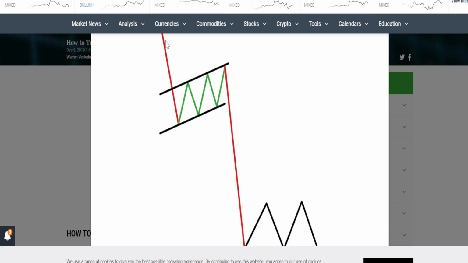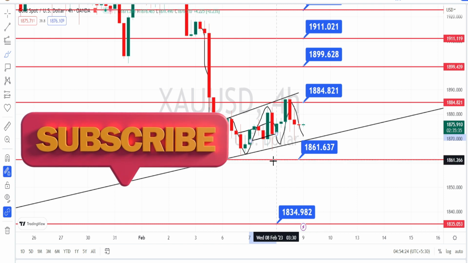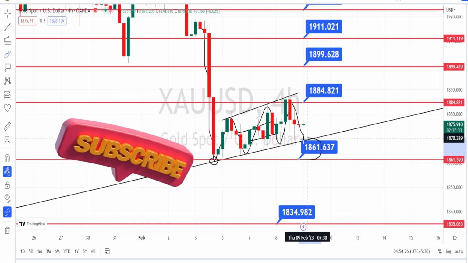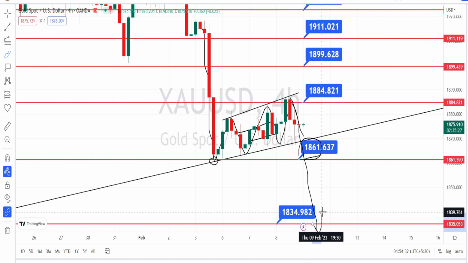Bearish flag patterns are usually formed when the trend is on the bearish side, where we can notice a price action to make a consolidation, then to continue with bearish trend. And with the current price action, we are noticing the price action to make a consolidation, which confirms that once the price action breaks this support level of 1861, we can expect the bearish trend to continue in 4 hours time frame.